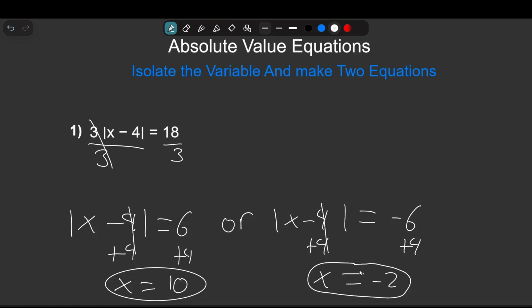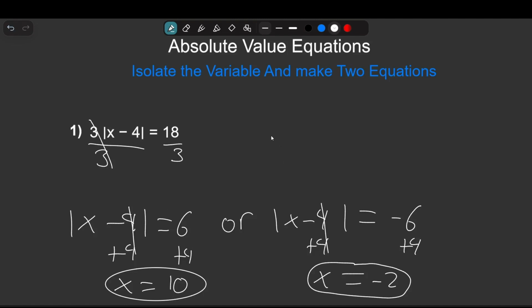And now we are basically done with the equation. If you want to check if your final answers are correct, you can just plug the value of the variable into your absolute value equation. Let's say we're going to use our first answer of 10.